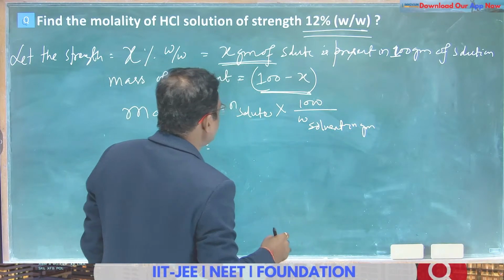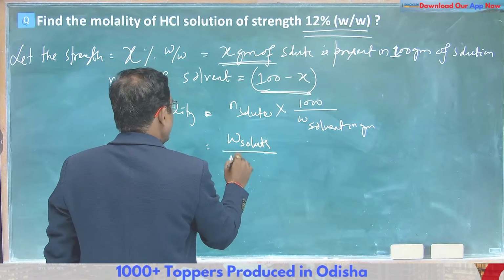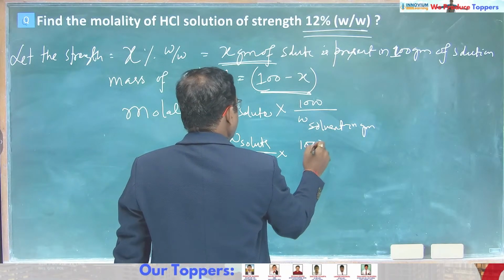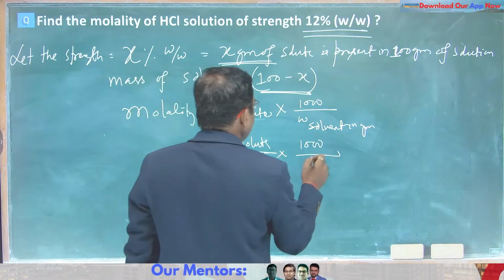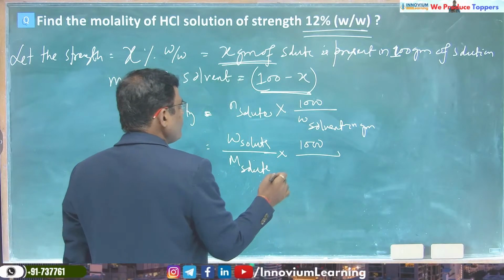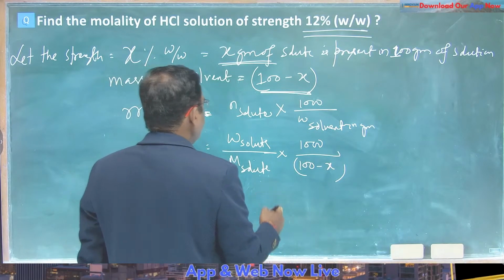The number of moles of solute is the given mass of solute by molar mass of solute, multiplied by 1000 by mass of solvent in gram. What is the mass of solvent here? If the strength is given as x% W by W, then the mass of solvent is 100 minus x.